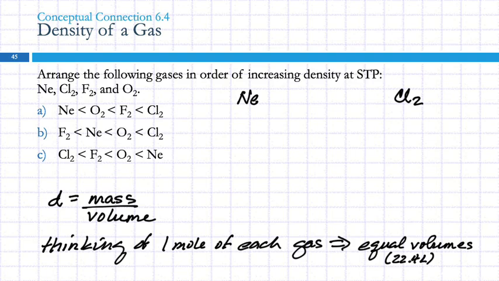F2 is 19 times 2, right? So the neon is the lightest. And then the next heaviest is the oxygen, and then the fluorine, and then the chlorine.